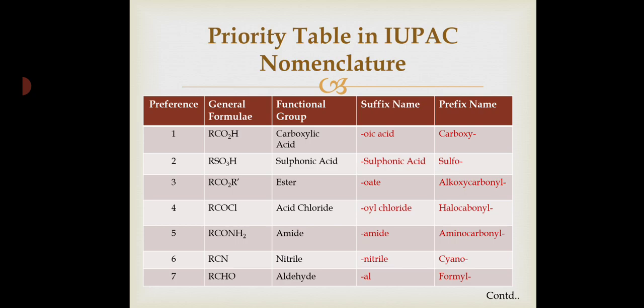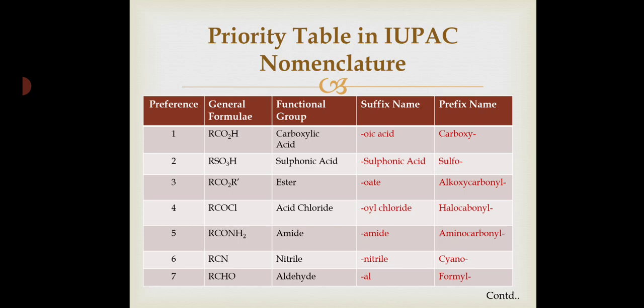Esters have the prefix name alkoxycarbonyl, and the suffix name, as you know from the earlier video, is oate. Acid chloride has the suffix name oyl chloride, whereas the prefix name is halocarbonyl. Amides have the suffix name amide and the prefix name aminocarbonyl.